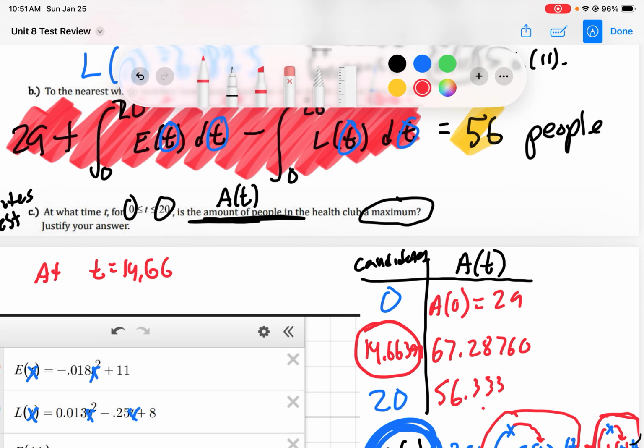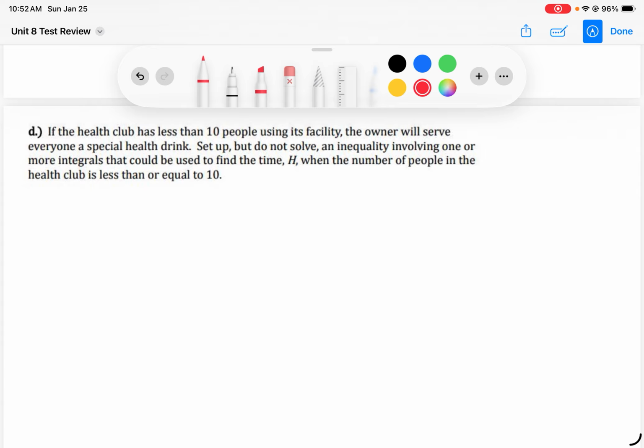All right, last question. Review for Unit 8 is almost done. Oh no, this is still part. Oh, come on. Okay, if the health club has less than 10 people using its facility, the owner will serve everyone a special health drink. That's nice. Set up but do not solve an inequality involving one or more integrals that could be used to find the time h when the number of people in the health club is less than or equal to 10.